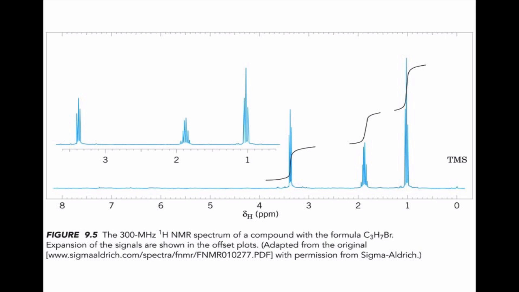So let's use this now, and let's look at some examples. So let's look at 2-iodopropane. Will everybody agree with the environments that are listed there? Are these the same?